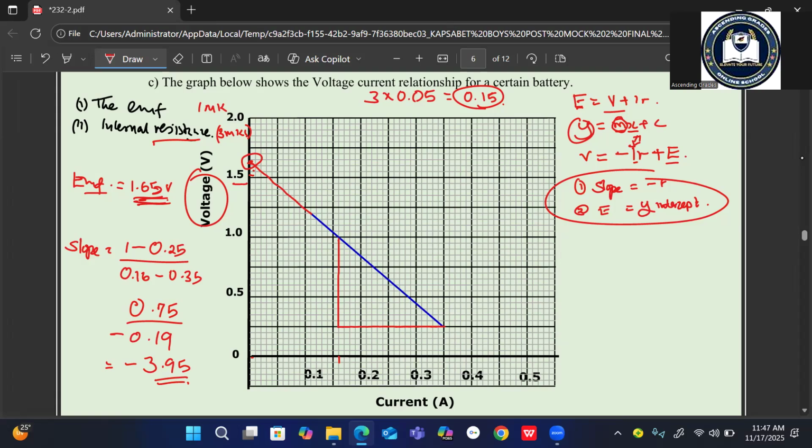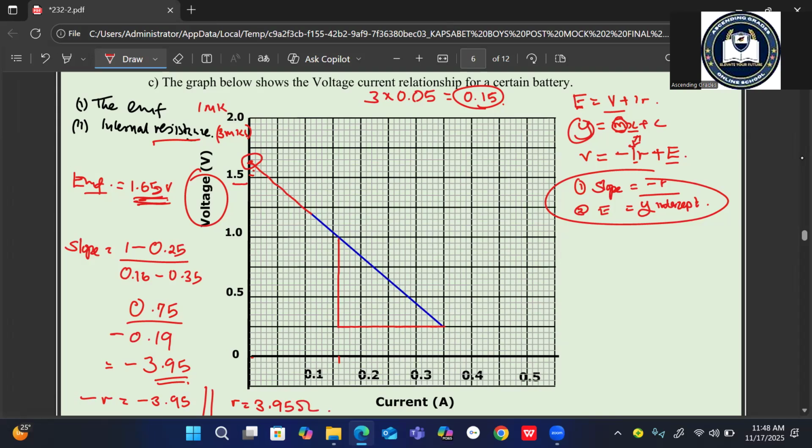And we had said that our slope is giving us negative R. So negative R is equal to negative 3.95. Therefore, R becomes 3.95 ohms.